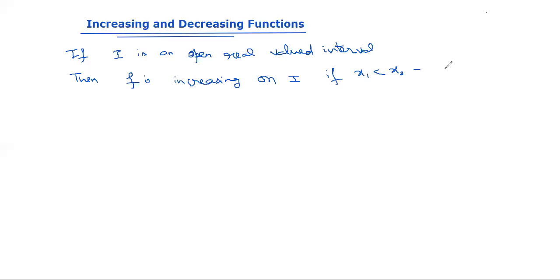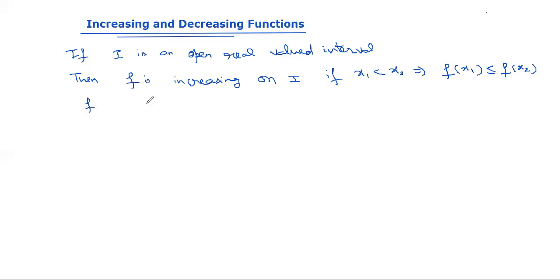It implies that f(x1) is less than or equal to f(x2), which means that for any value of x1 less than x2 in that interval, the value of the function at x1 is less than or equal to f(x2). This is quite a general definition because the value of the function has simply increased.